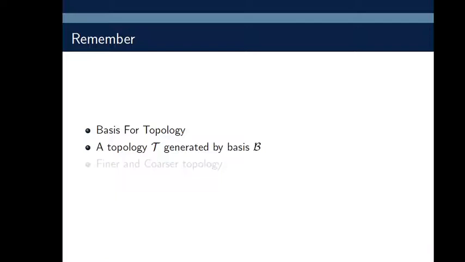For an open set U of X containing a point x, there exists a basis element B of script B such that x is in B and B is contained in U. Also here we have to remember finer and coarser topologies. These three things, and the implications related to them, we have used to prove these lemmas.